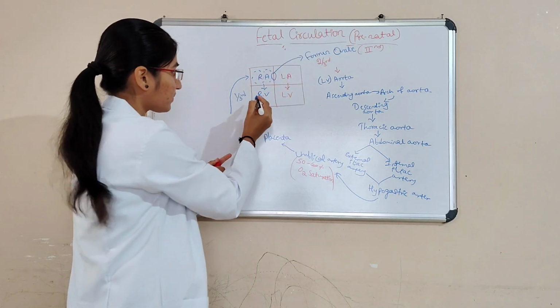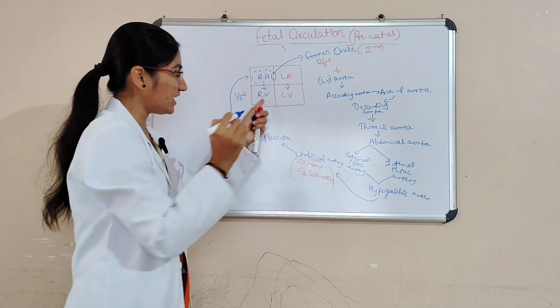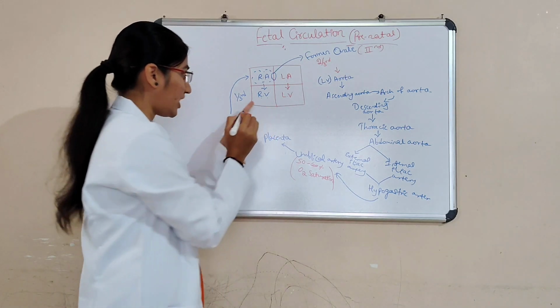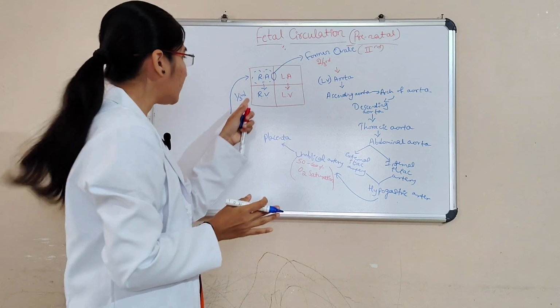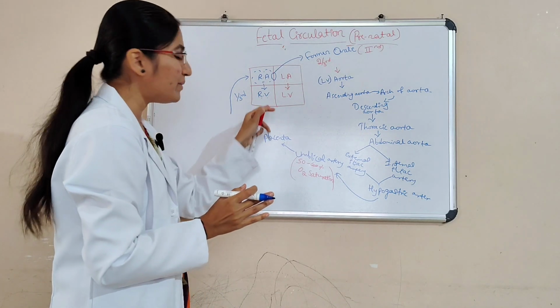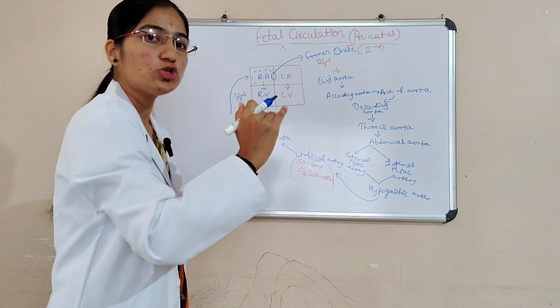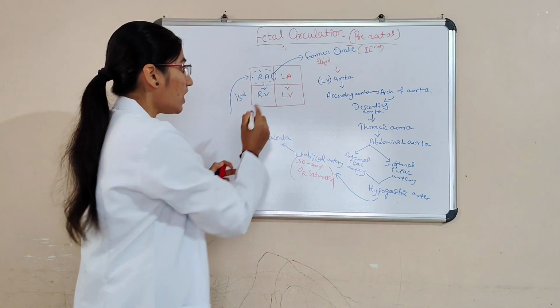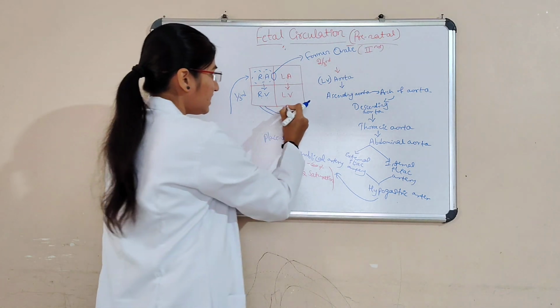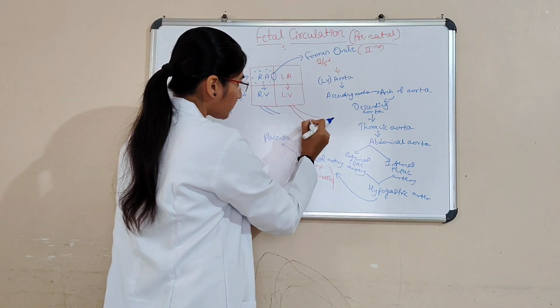And then what happens here? In this case, here the right ventricle is there, right? Here it's going to join. Here already the lungs are immature, not functioning. That's why the pulmonary artery is going to join from the aorta. This one is the pulmonary artery, this one is the aorta.